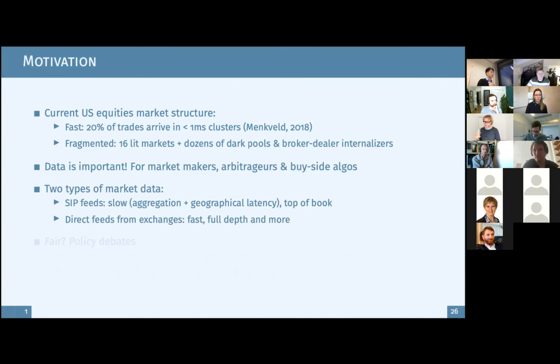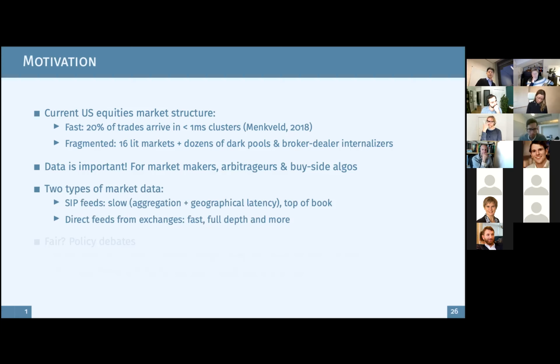So what is the market data structure in the US? We have two main types of market data. First, the SIP feeds, or consolidated feeds, and second, the direct feeds from the exchanges. The key difference between these two is first the speed.